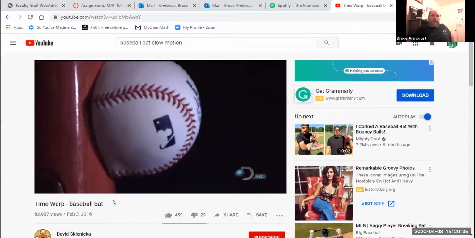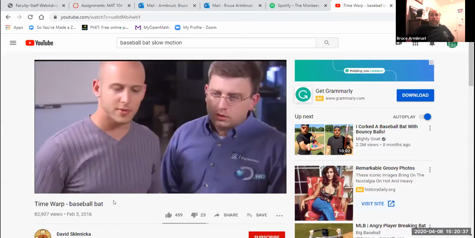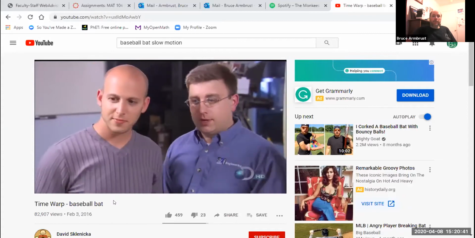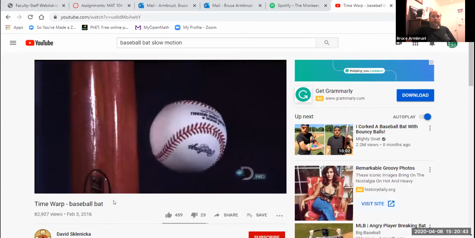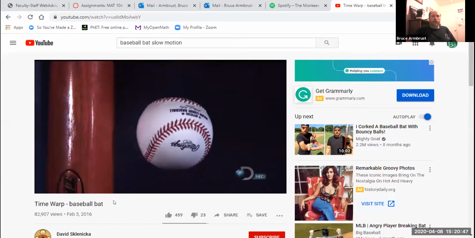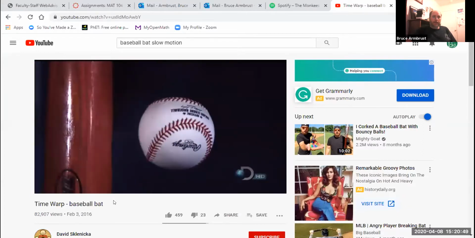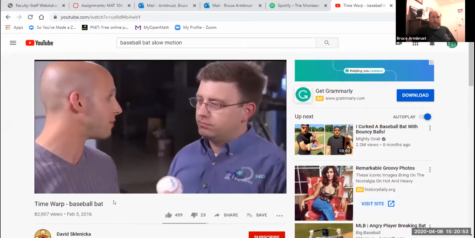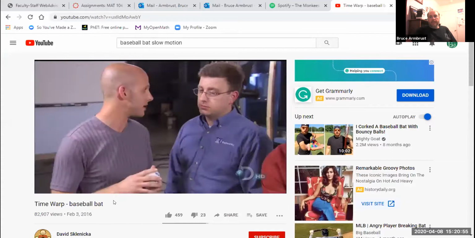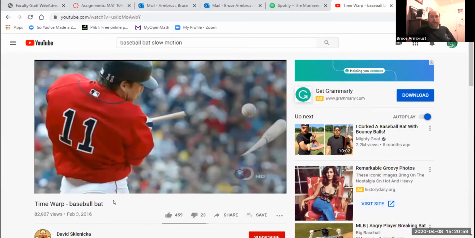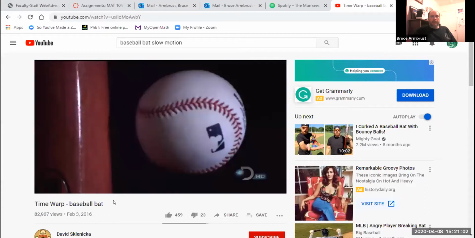So think about this in the context of energy, right? There's a huge amount of energy that's lost in that compression. In order to deform that ball, there's got to be a huge amount of compression. But even better, I don't know if we're going to be able to see it, the bat itself also gets deformed. They're just showing you the bat getting snapped.